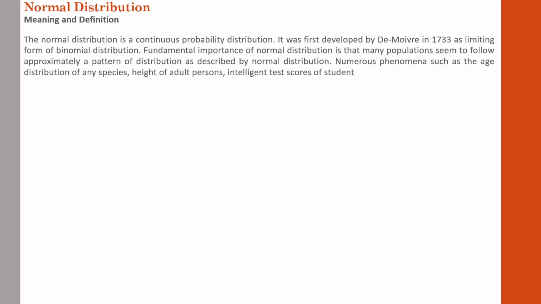For example, a company manufactures screws of a particular diameter. There may be some variations in the measurement, that is quite natural, but most of the screws have a diameter very near to what is required. Few of them are either much larger or much smaller.